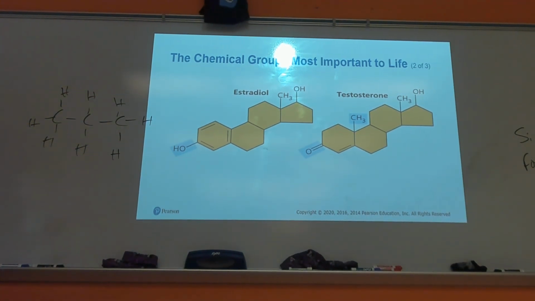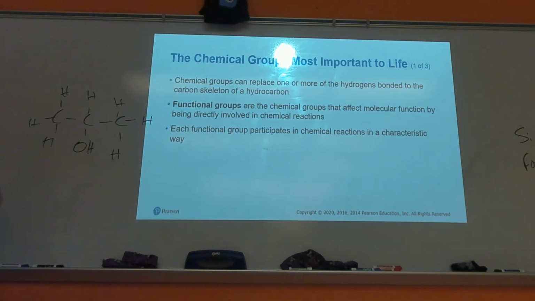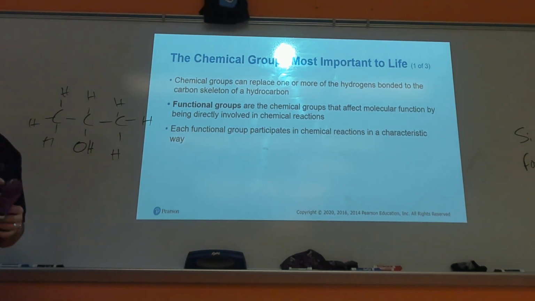But a functional group is when you replace a hydrogen with something else. So you swap it out, you customize it. Is that what they call a mod? A modification. Functional groups are like modifications to your template. There's a bunch of different functional groups that are important in biology. There's 7 of them, and I'm going to show you here in a second. They all behave in slightly different ways when they're doing chemical reactions.